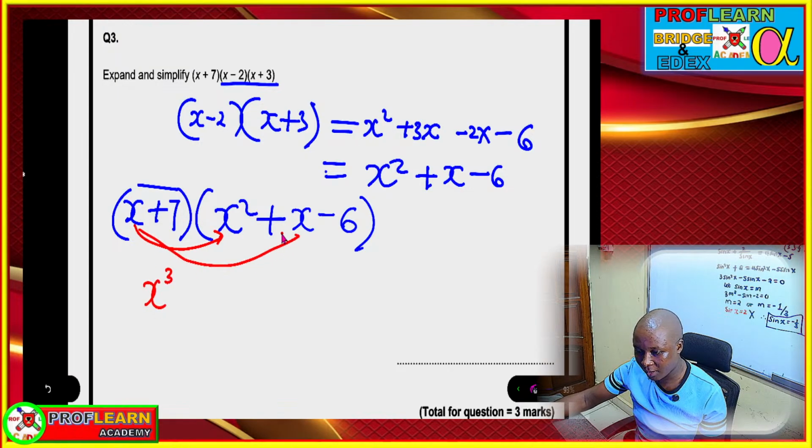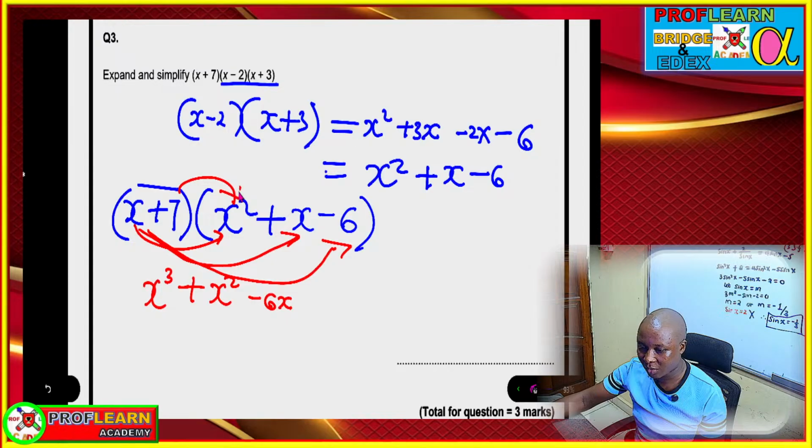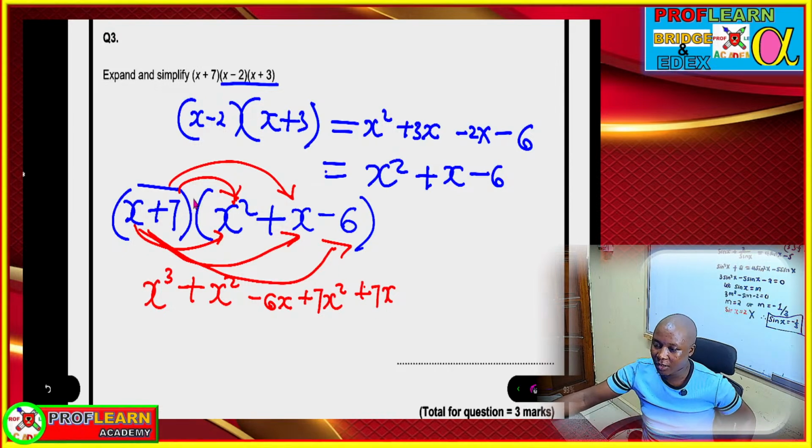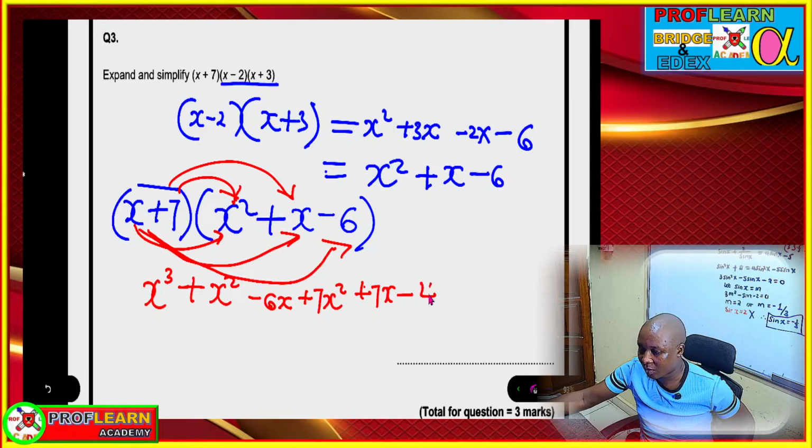Again, this term by this, we shall have plus x squared. Again, the same term by that, we shall say minus 6x. The next term will be 7 times this. It will be plus 7x squared. 7 times this, we shall say plus 7x. And 7 times minus 6 will be minus 42.